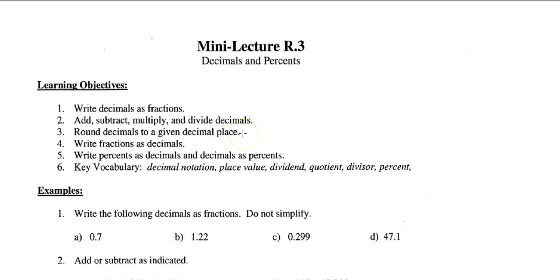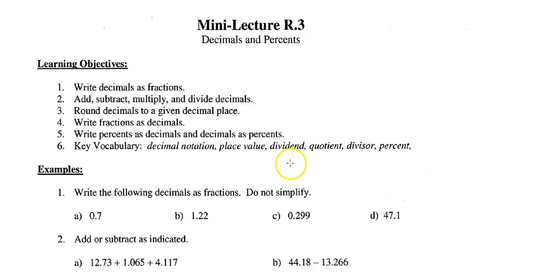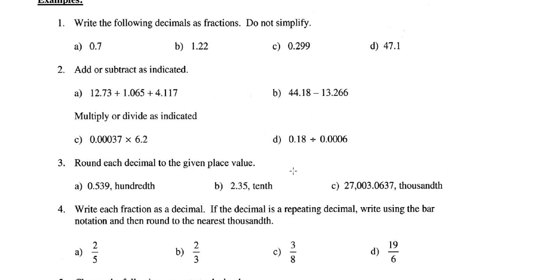This is a very useful item. Write fractions as decimals, write percents as decimals and decimals as percent, and then our vocabulary: dividend, quotient, divisor, percent, place value. All right, well, let's get started.